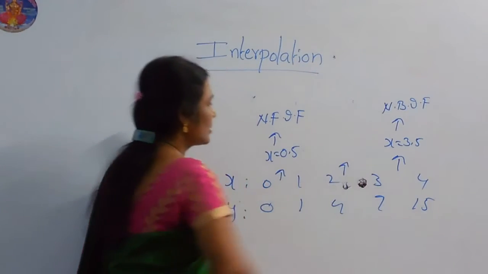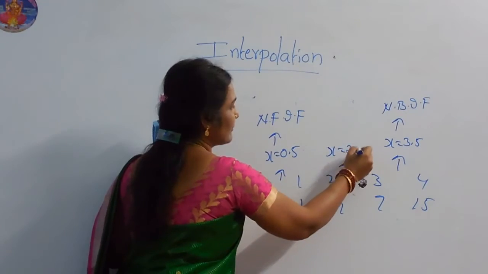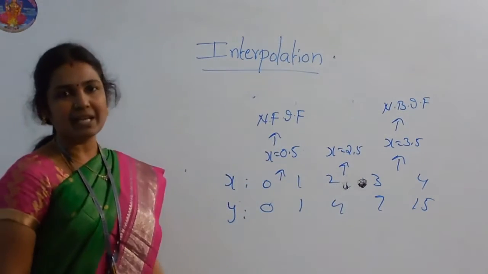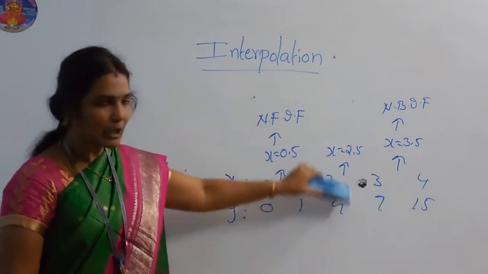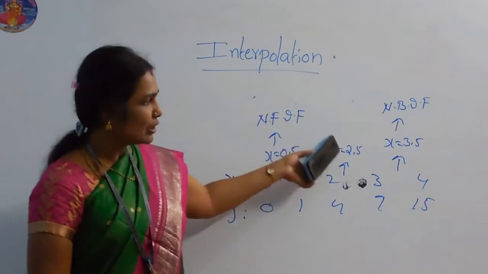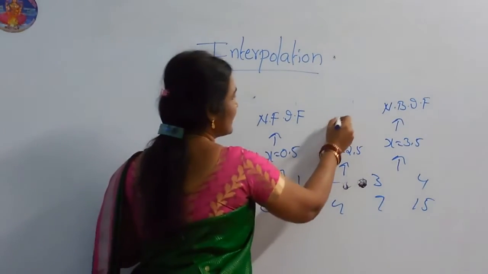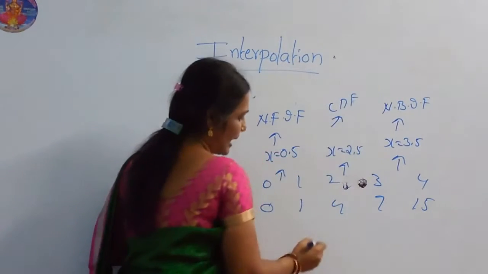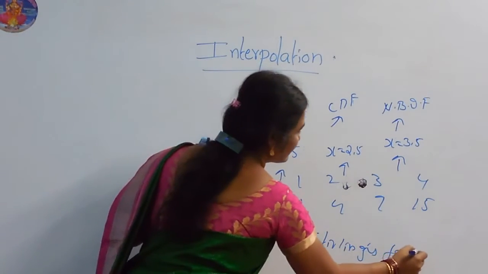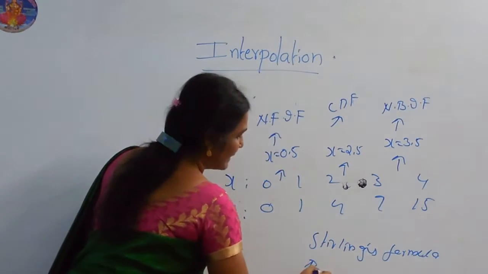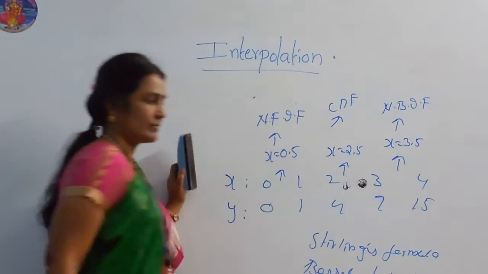And suppose we want to find the value of y at x equal to 2.5. Where does 2.5 lie here? x equal to 2.5 lies exactly in the middle of the table. So to find the middle of the table values, we use the central difference formulas. In central difference formulas, we have Stirling's formula, Bessel's formula, etc. Okay.